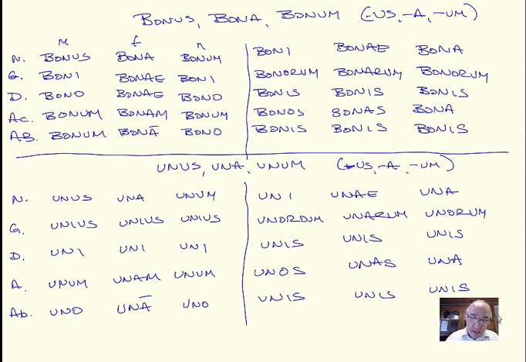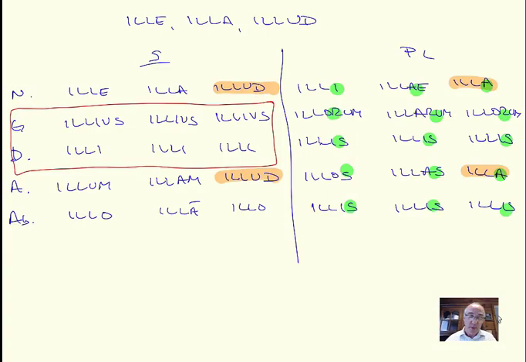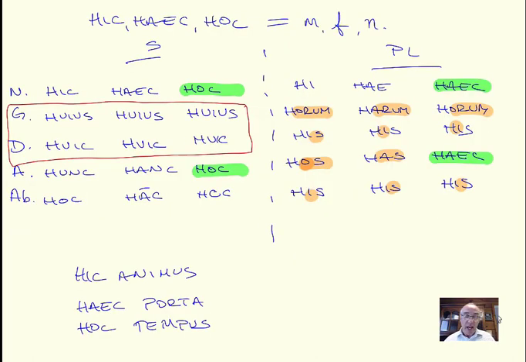Yes, this genitive and dative has this peculiar IUS ending in it. Just like illius, illius, illius, illi, illi, illi, and it's not exactly the same one, but it has huius, huius, huius, that has that IUS. The dative is a little different.